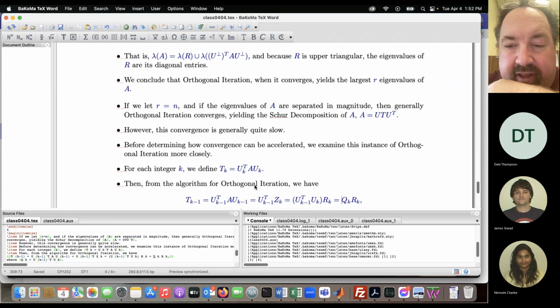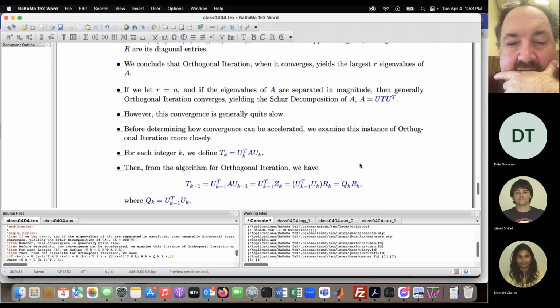So what that means is I have a QR factorization of T_{k-1}. And R_k is the R from that QR factorization.